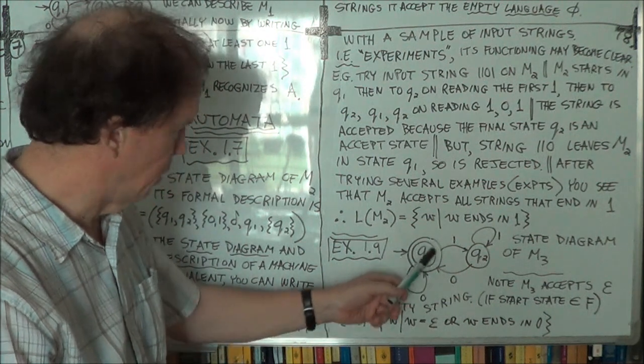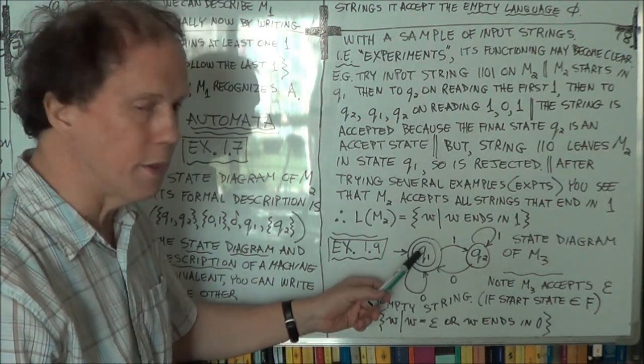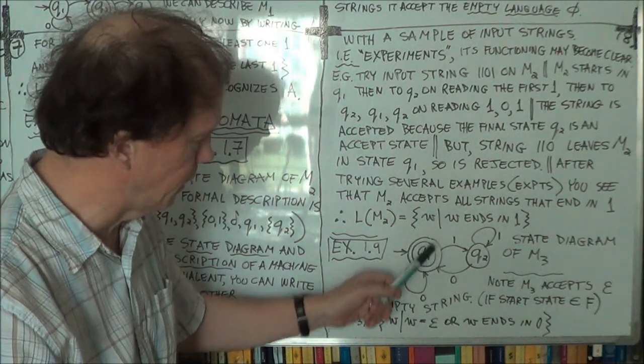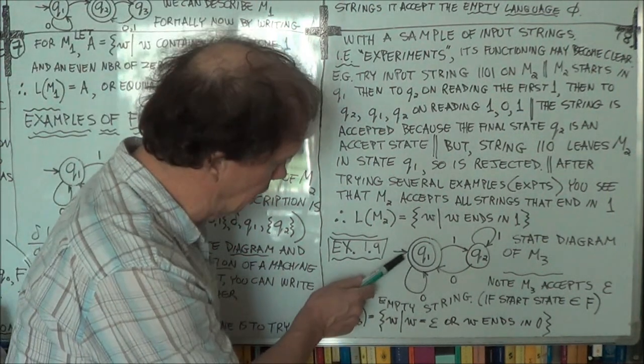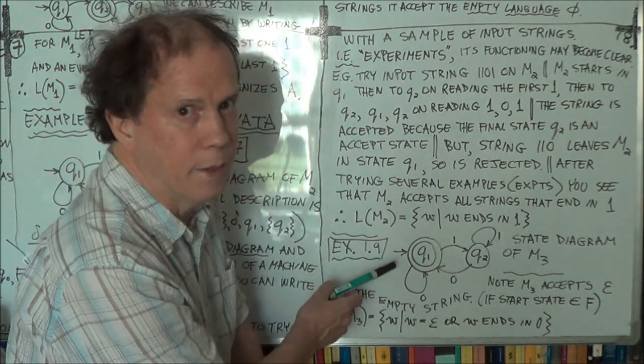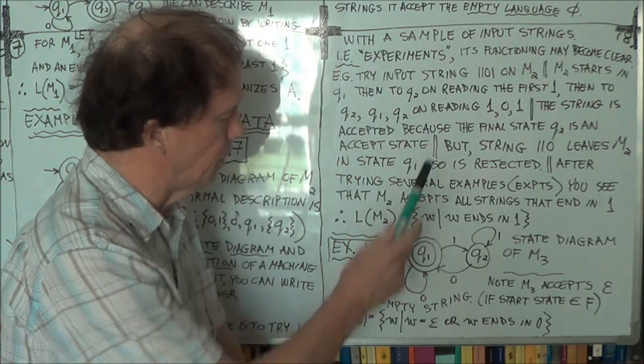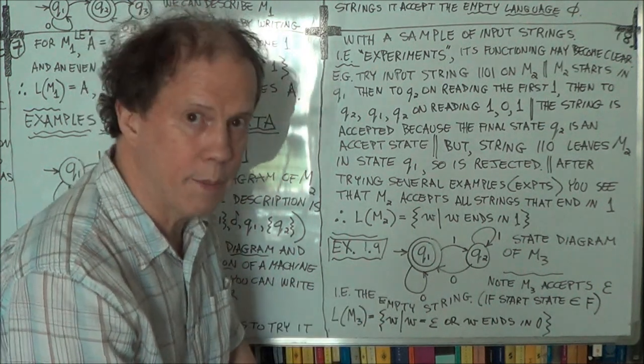What's new here is that the start state is also an accept state. Here's your disconnected arrow, the indicator of the start state, and it's Q1, but Q1 is also an accept state.